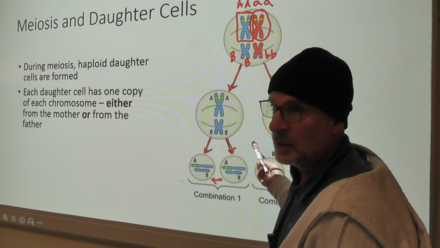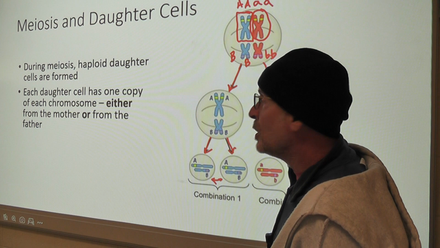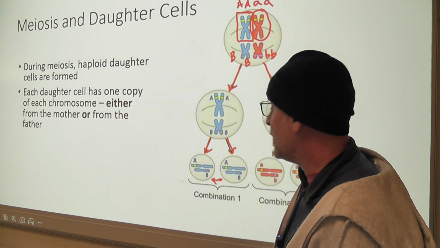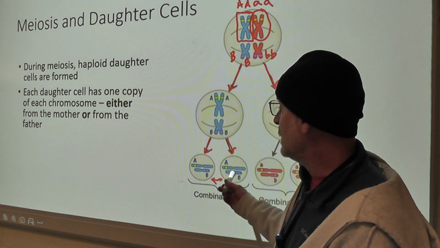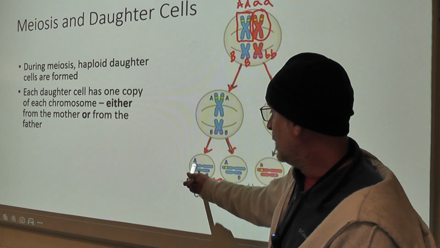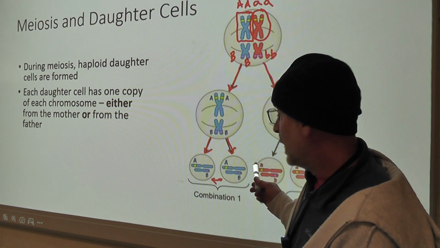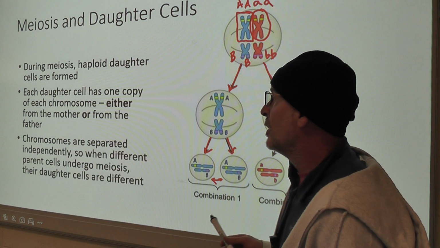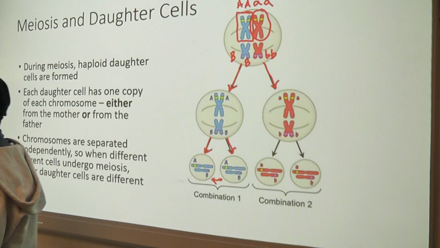In this daughter cell of meiosis 1, we have 2 recessive A alleles on sister chromatids and 2 recessive B alleles on sister chromatids, which means the gametes at the end have a dominant A, a dominant B, another dominant A, a dominant B, and a recessive A and a recessive B and a recessive A and a recessive B. The chromosomes sort independently of each other.